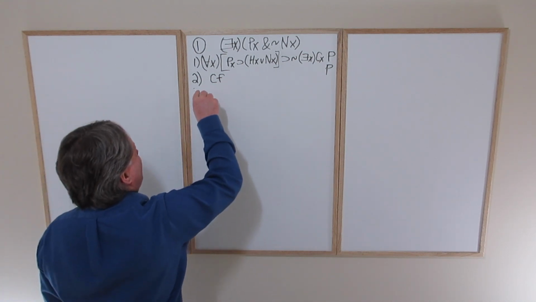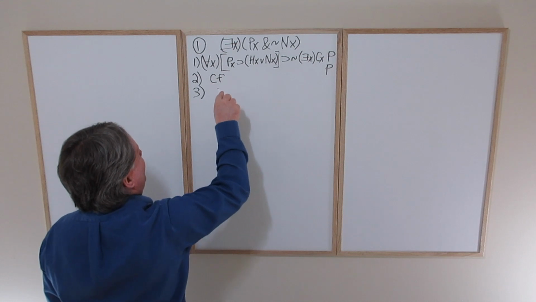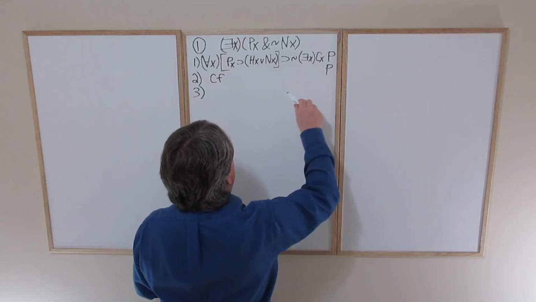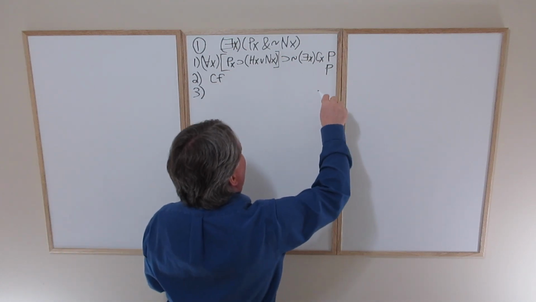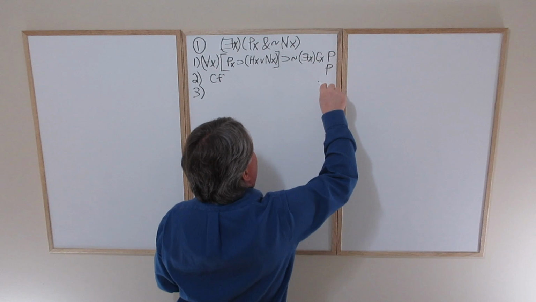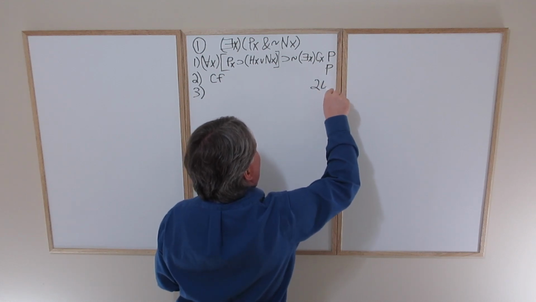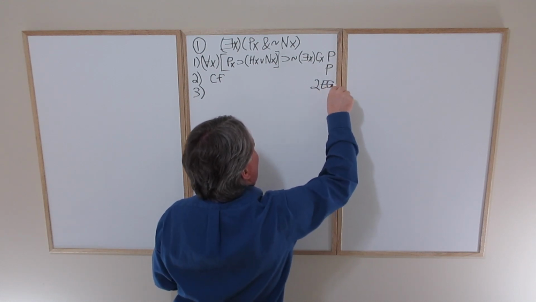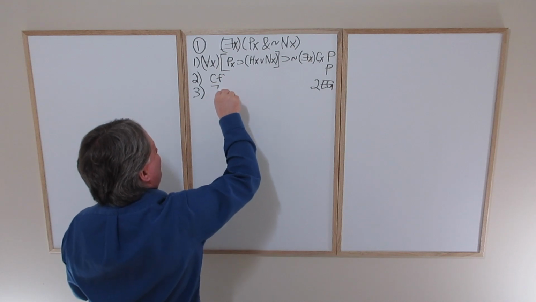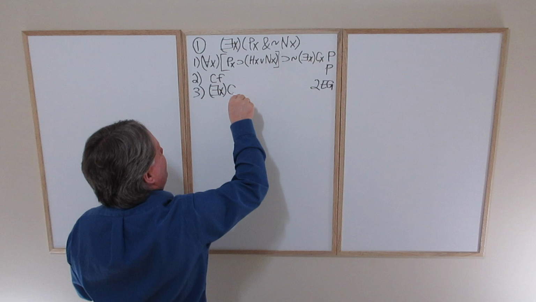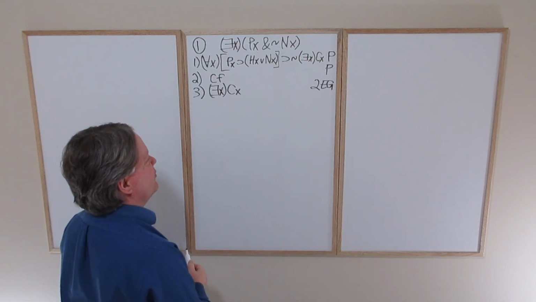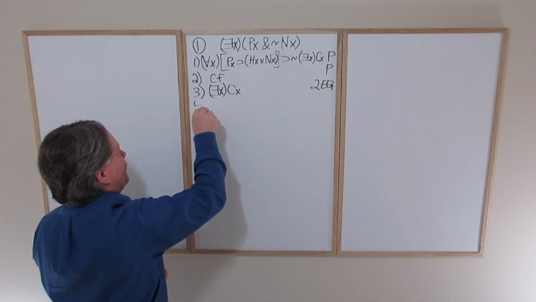Okay, so here's how we proceed. If Frank is a cardiologist, so notice I've got the name of a specified individual in that slot, then 2 EG gives us there's at least one x such that x is a cardiologist.